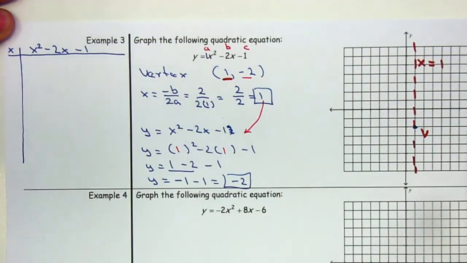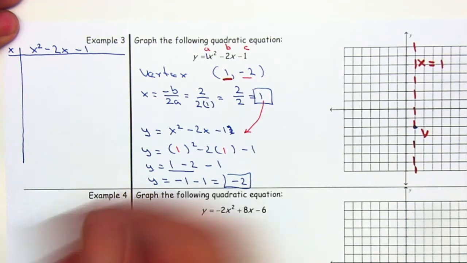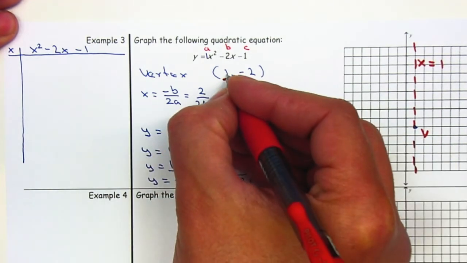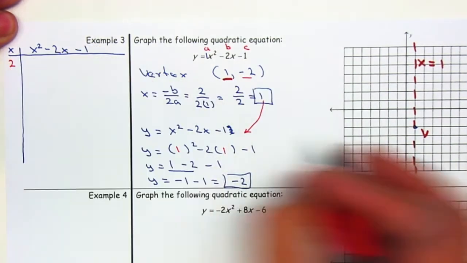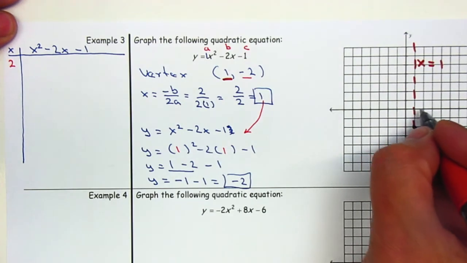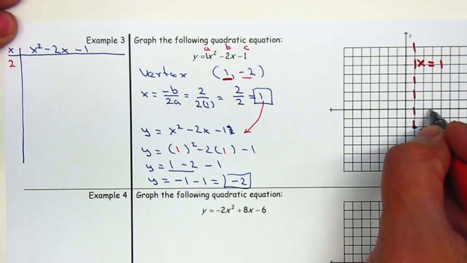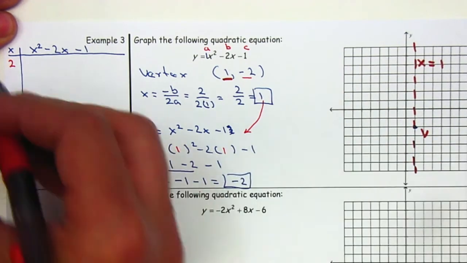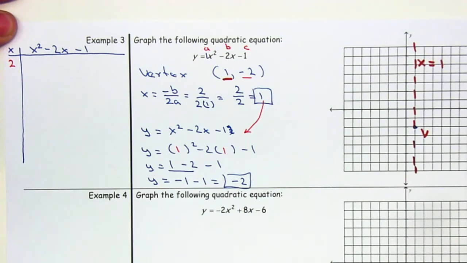And I'm going to plug in values of x. You can plug in any values that you want, but I like to make my life easy. So this is 1, so I'm plugging in 2. Or you can think about this is crossing 1, so I'm going to go to the right, so I said 2. The next point I'm going to plug in is a 3. If I want to plug in another point, I'll plug in a 4. But in this case, I'm just going to plug in a 2 first.